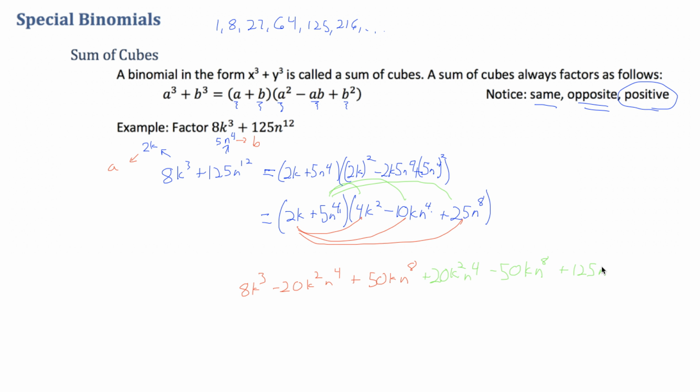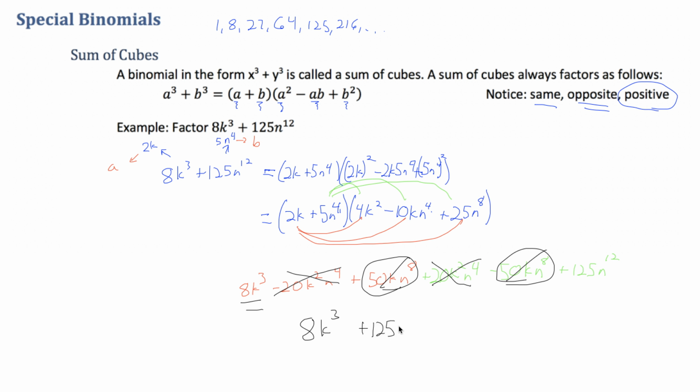N to the 4th times n to the 8th is n to the 12th. And you will notice here, this stays. We just have an 8k cubed. Negative 20k squared n to the 4th cancels with positive 20k squared n to the 4th. And then 50k n to the 8th cancels with this. And we are left with the original.